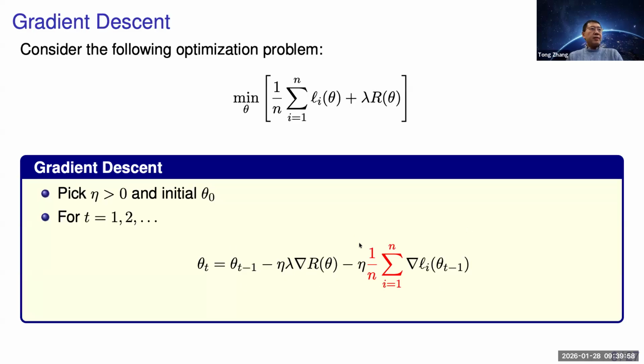So this is essentially the whole updating formula for gradient descent. It's also called steepest descent. Essentially, you look at the direction of fastest local decrease of your objective and try moving down. The objective is guaranteed to be decreasing if eta is small enough. So eta is called the learning rate.